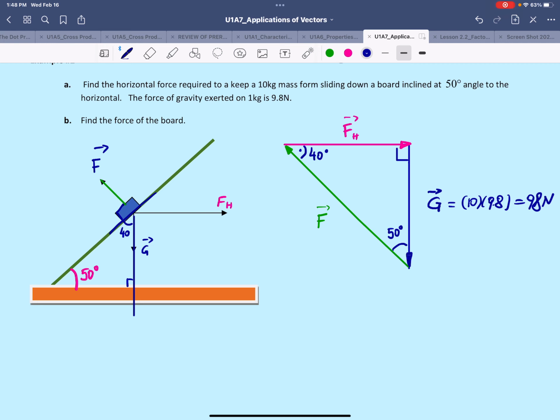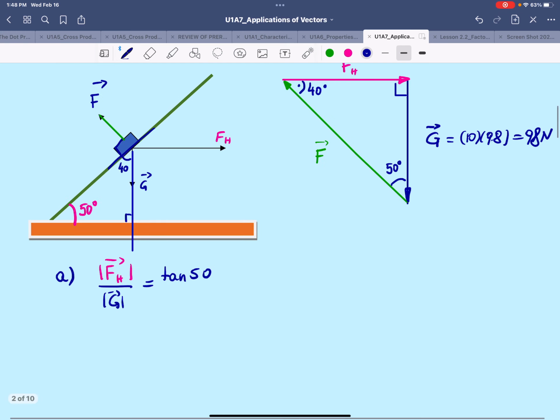So I will start with question A, where I have to find the horizontal force. I will say that the horizontal is located opposite to angle 50, and I'm using gravity, which is adjacent, so sine ratio. So we'll write down here that the horizontal force, magnitude, divided by gravity, again magnitude of gravity, would equal sine 50.